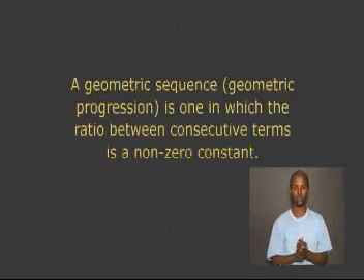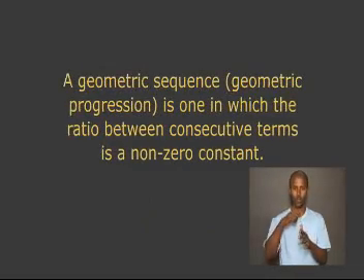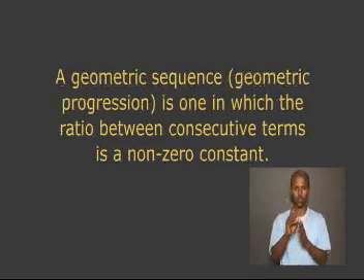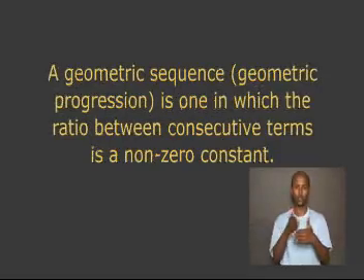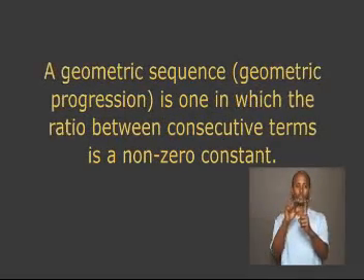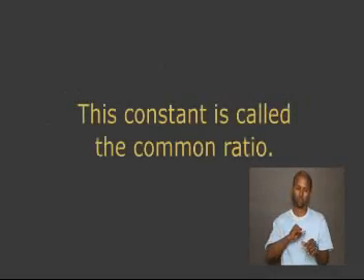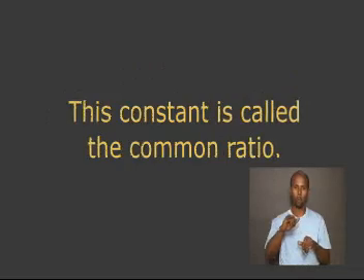A geometric sequence, also called a geometric progression, is one in which the ratio between consecutive terms is a non-zero constant. This constant is called the common ratio.